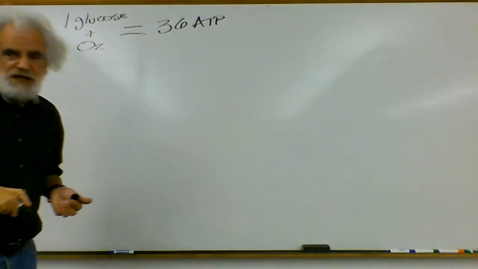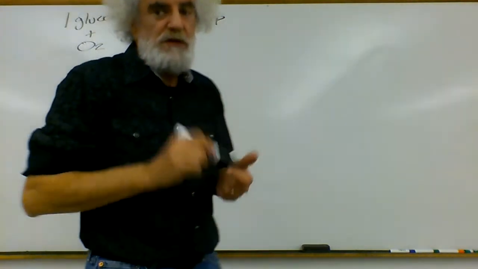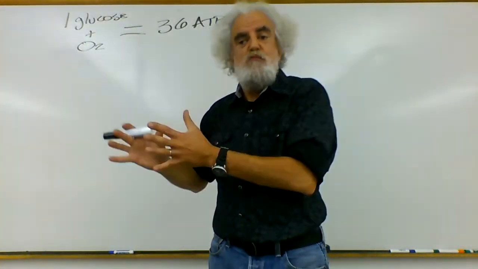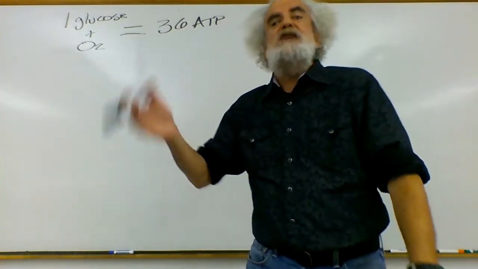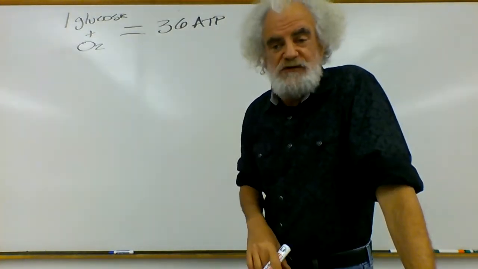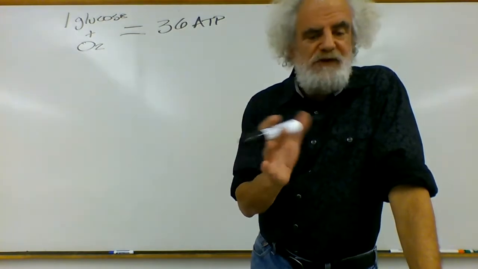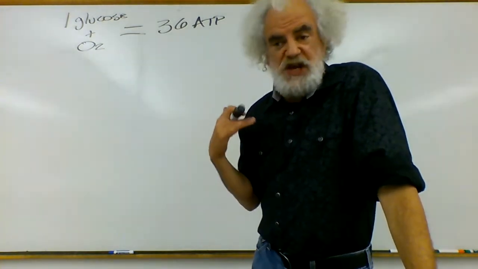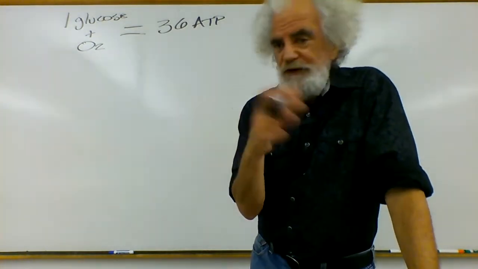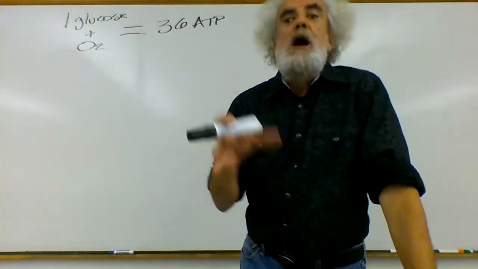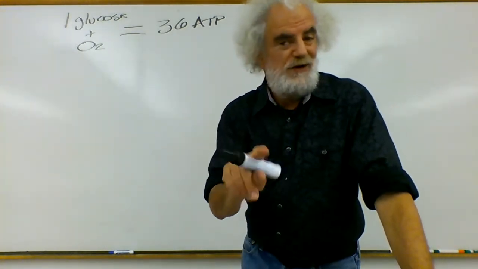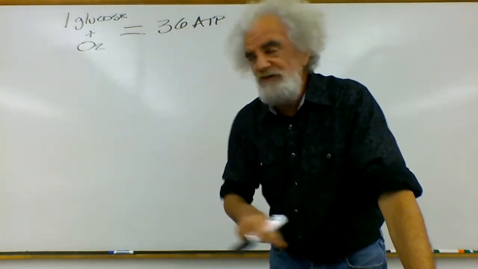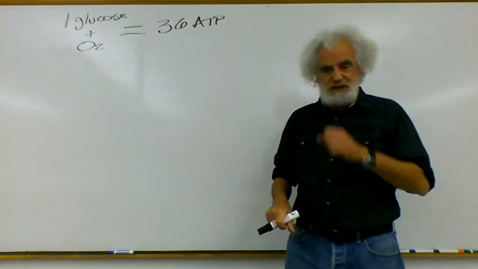All right? So we want to just have our tote board of how many ATPs we're generating in these different cycles. Now, the numbers are not exact for our purposes. We're going to say it's 36, 32, 35, whatever. I don't care. This is the story, and I'm sticking to it. 1 glucose plus oxygen, 36 ATP.